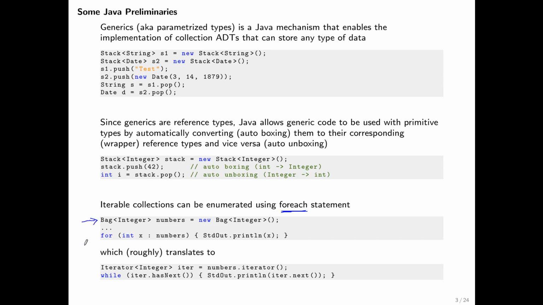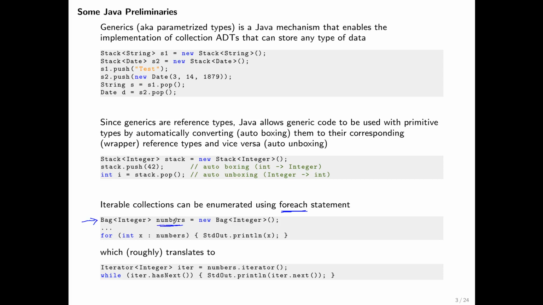Okay, so you can create an object of type bag as such. And in this case, numbers is an object of type bag that stores integer objects. Okay, and we will see this later that bag is going to be an iterable collection, meaning you can iterate over this object, this iterable object, using the enhanced for loop.